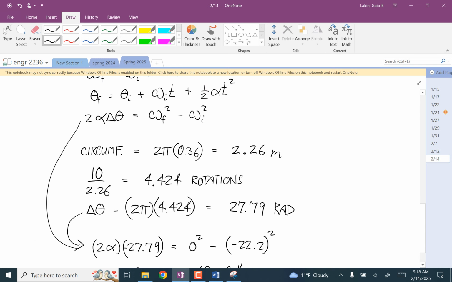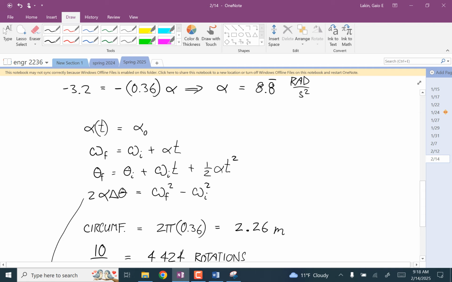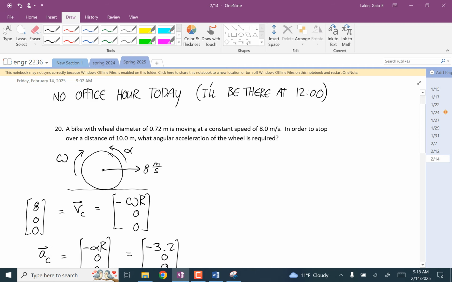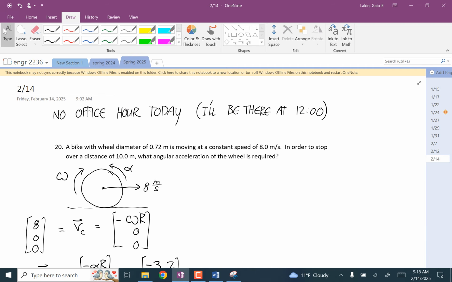So 0.7 times, this should be about double this, shouldn't it? No, 3 times, yeah, 3 times 0.7. So, okay, that's right. So in 10 meters, 4.42 revolutions.